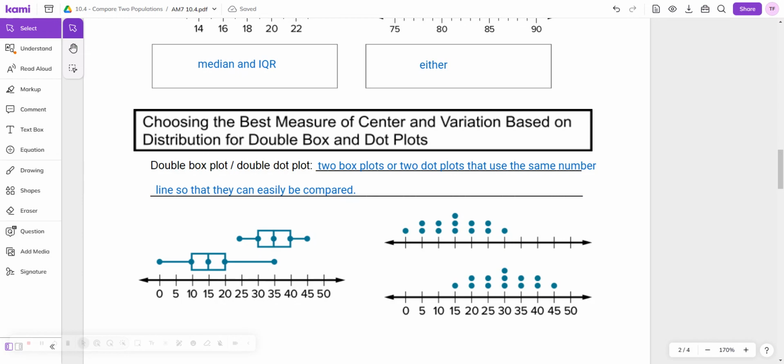Looking over here on the right at the dot plots, as you can see, these are both symmetrical dot plots, but one population is further to the left on the number line than the other population. I don't know what they're comparing here, but let's say they were comparing scores, well, the bottom population would do much better than the top population because the dots are further to the right.